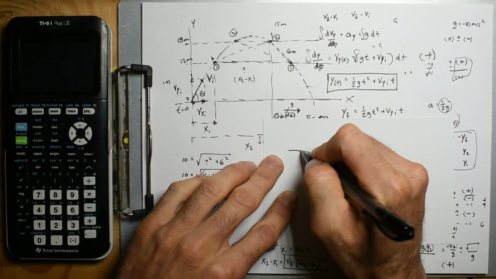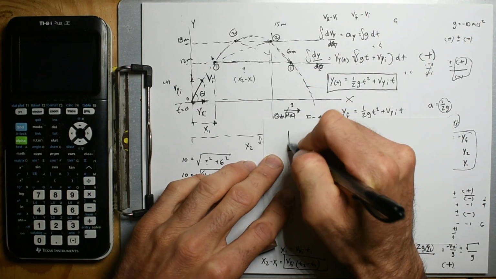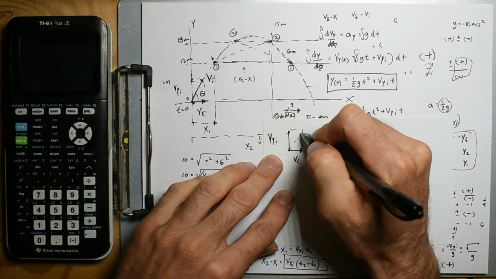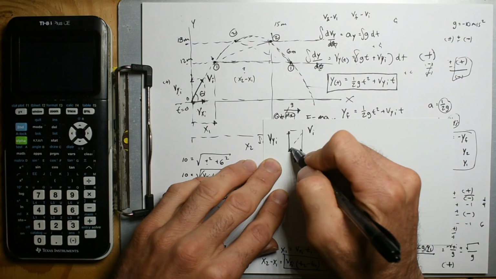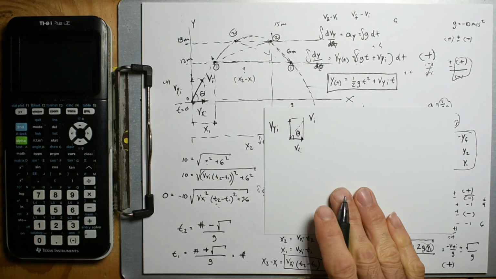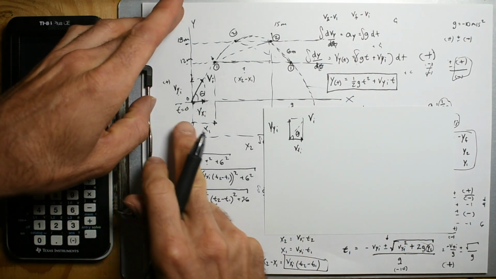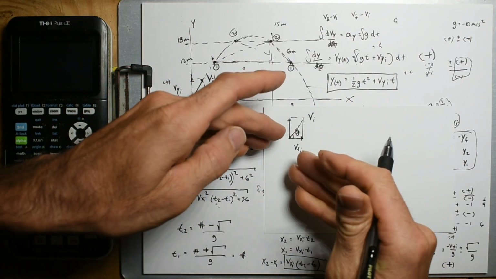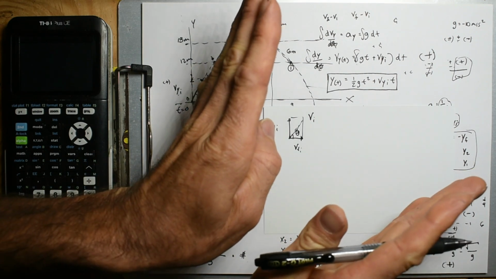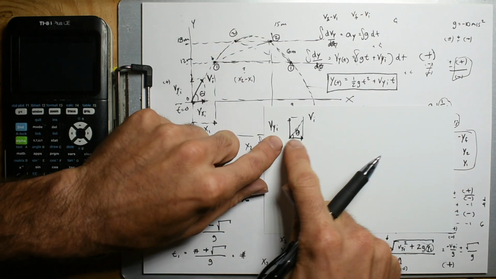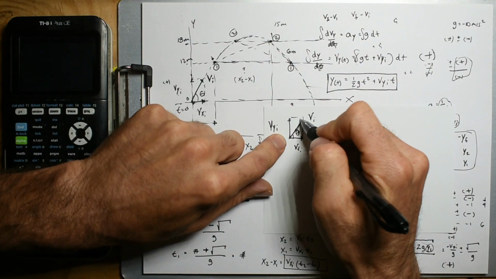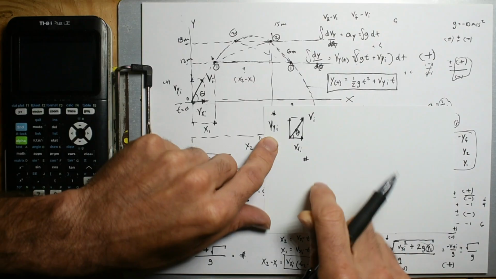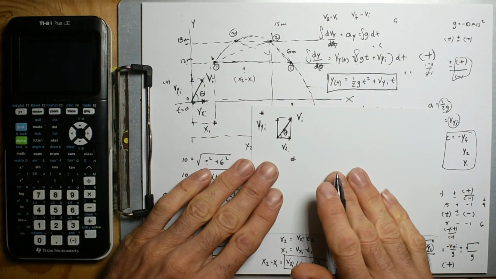If I have my velocity in the x, Vx initial, and velocity in the y initial, here's my resultant, which is just the velocity initial, and here's my angle. If I have a velocity in the y and a velocity in the x, I'm going to get an angle. The velocities add as vectors, and that determines the angle. So if I put a value for this and a value for that, that gives me an angle.